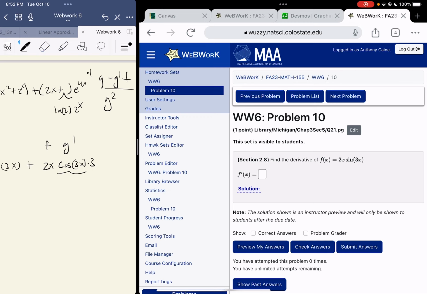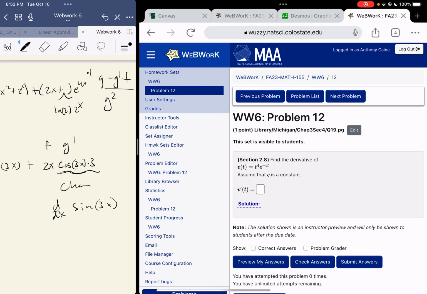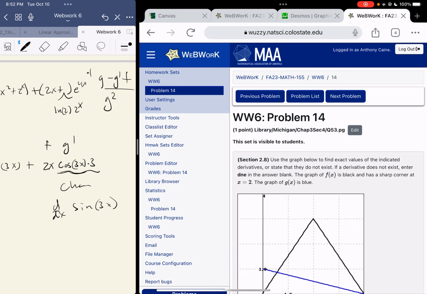So this was a chain rule, and I was looking at the derivative with respect to x of sine 3x. Chain rule, product rule, chain rule, product rule, chain rule.